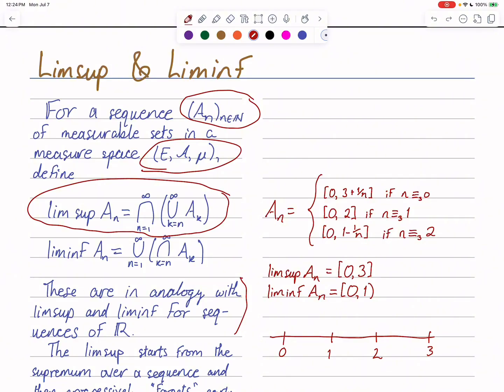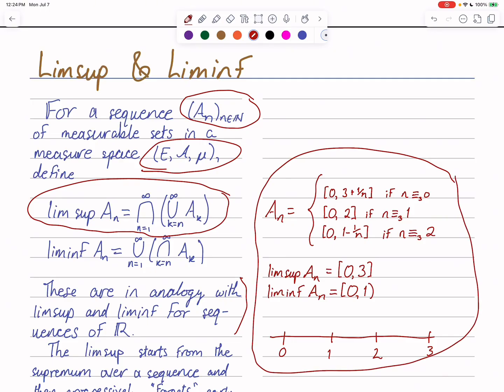Now let's illustrate this, because this can be fairly confusing, so let's look at a sequence of sets and compute the limsup, and we'll also get around to discussing the liminf, of course. But effectively what this sequence is intended to demonstrate is a sequence where some portion of it is shrinking.